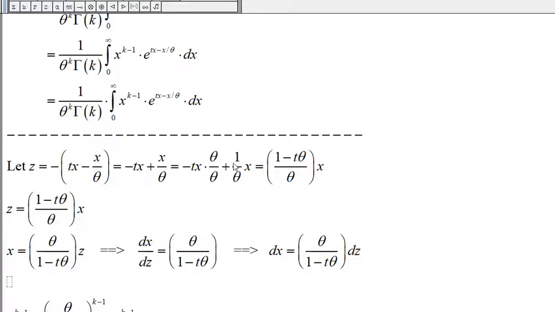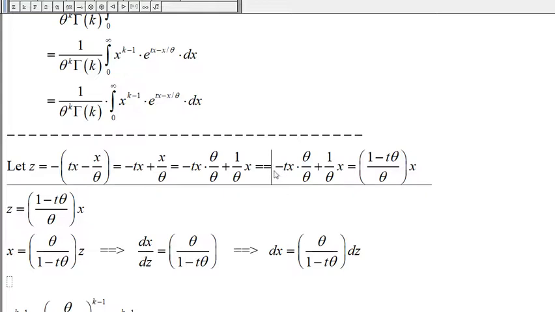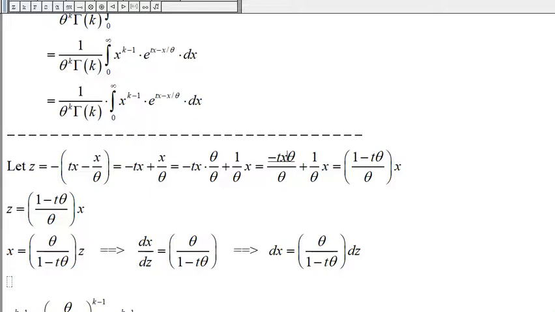So we have 1 minus t theta over theta. So we end up with 1 minus t theta over theta times x. So z is 1 minus t theta over theta times x.